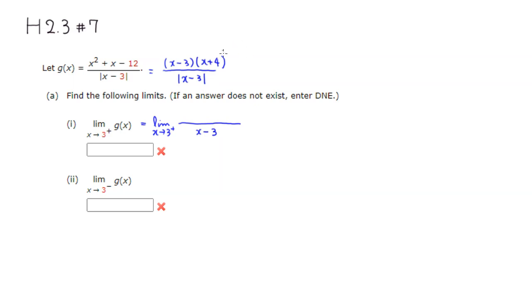Maybe I should write it here, because the absolute value sign is a hidden piecewise defined function, right? So if x is greater than 3, this is going to be x minus 3 times quantity x plus 4, divided by just x minus 3.